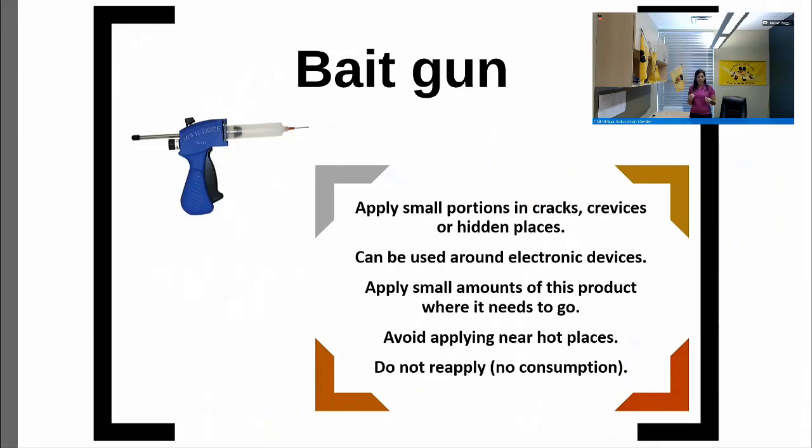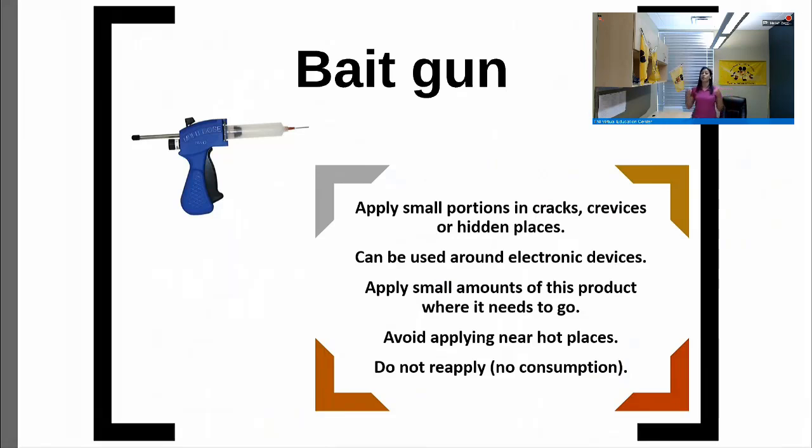So we know that the gel bait should be applied in small portions, in cracks, crevices, or hidden places, and can be used around electronic devices. Please do not apply the borates, the dust, inside of electronic devices. Why?